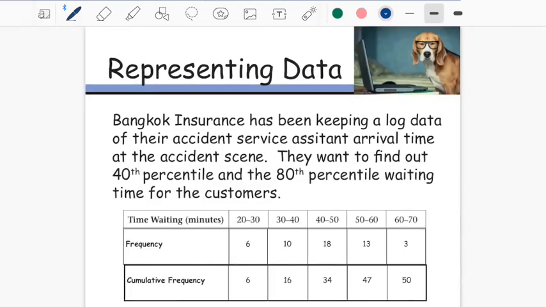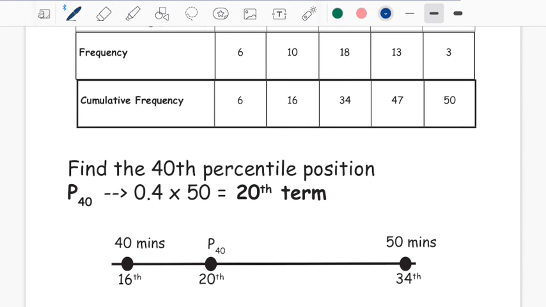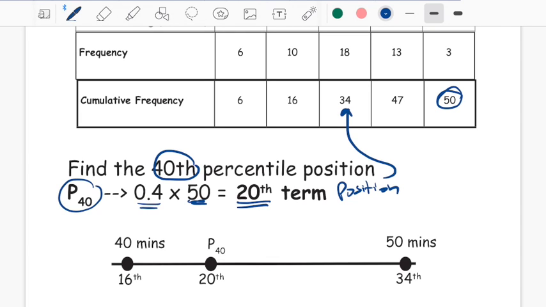Next. So I have a problem, as you can see here. My problem is I want to know where P40 is. I know the total data is 50. What I will do is take 50 and find the 40th percentile. So 0.4 times 50, I will get the 20th position. So the 20th position is in here, right?